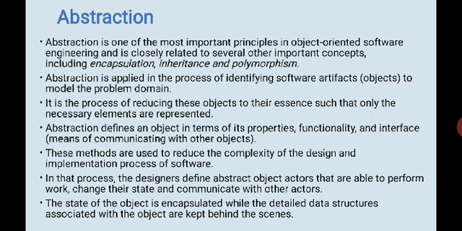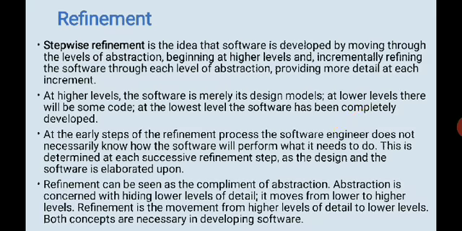The state of the object is encapsulated while the detailed data structures associated with the objects are kept behind the scenes. Now we talk about refinement. Stepwise refinement is the idea that software is developed by moving through the levels of abstraction, beginning at higher levels and incrementally refining the software through each level of abstraction, providing more detail at each increment.